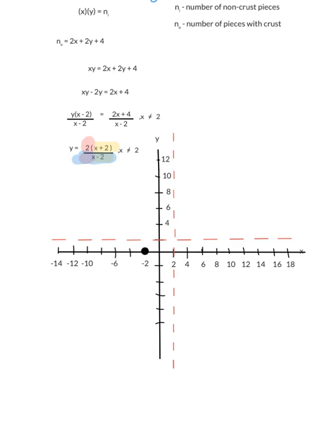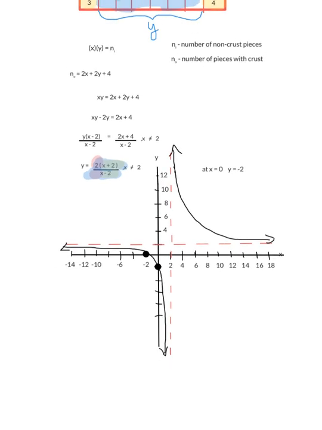And we'll have a zero at x equals negative 2 because the numerator is 0 when x is negative 2. Plug in x equals 0 to see where the y-intercept is and graph away. Alright, so all of these points on the graph are solutions to our equation.